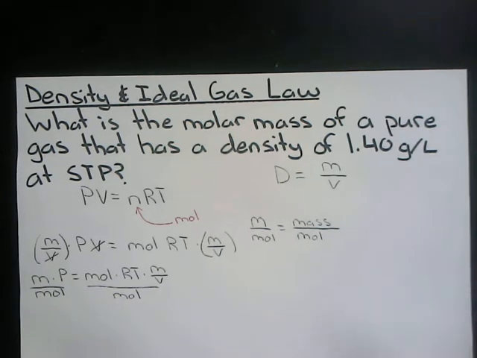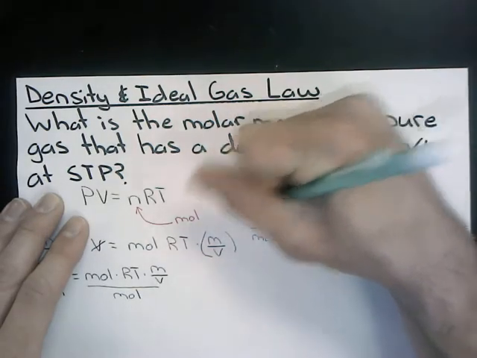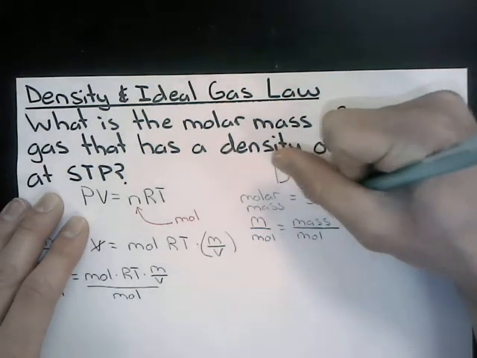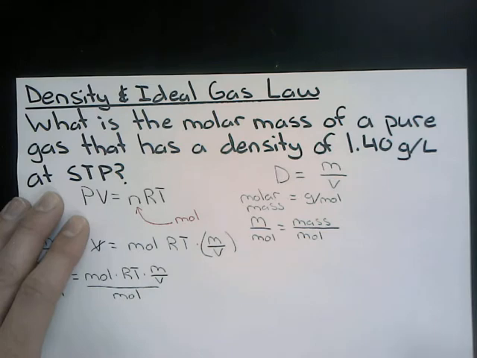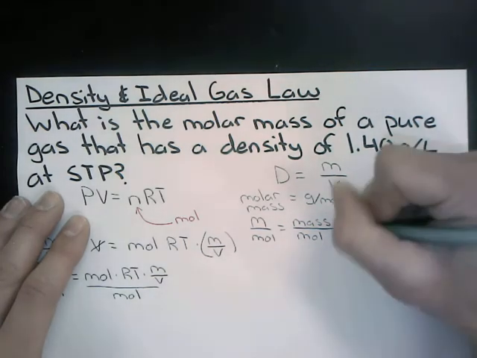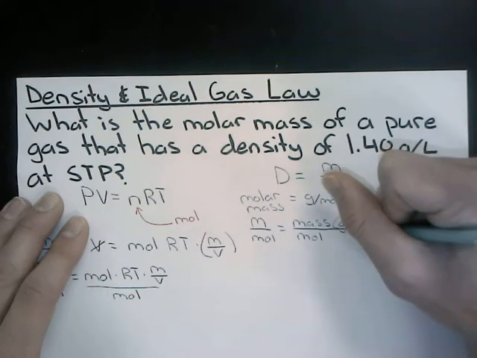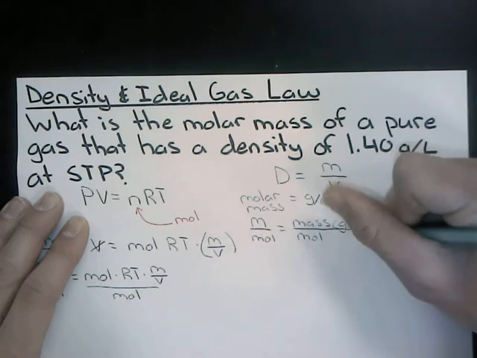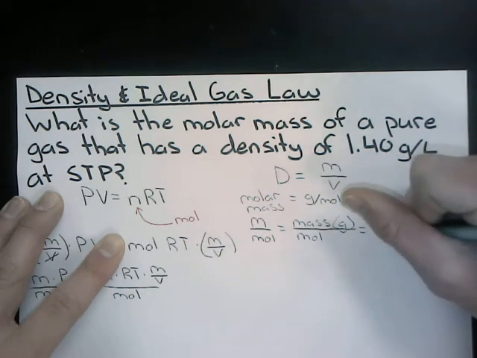If we think about the units for molar mass, it is grams divided by moles. Well, okay, if we have mass in grams, let's say we do, because that's the mass you would use for density, and we had grams over moles, this is equivalent to our molar mass.